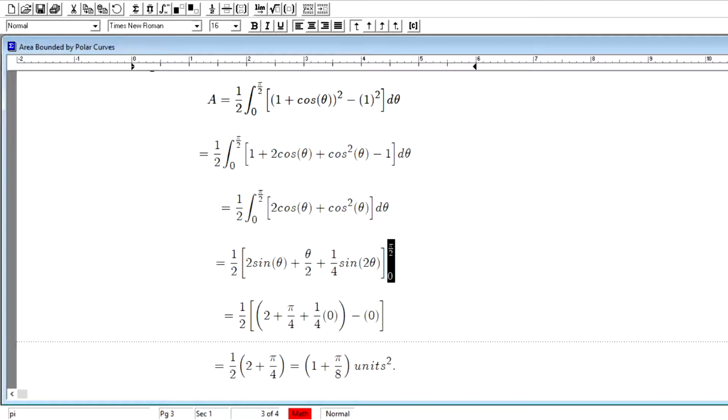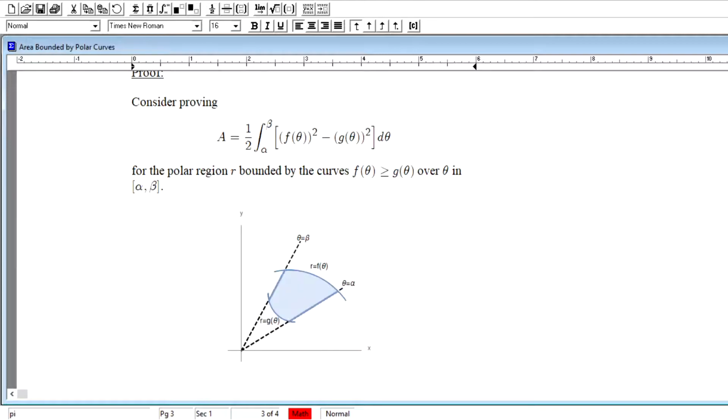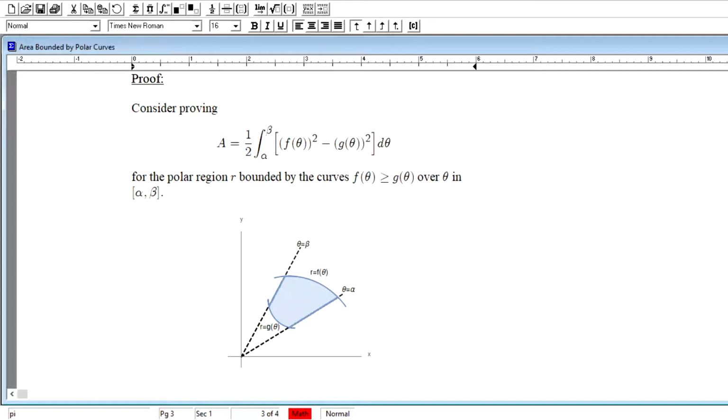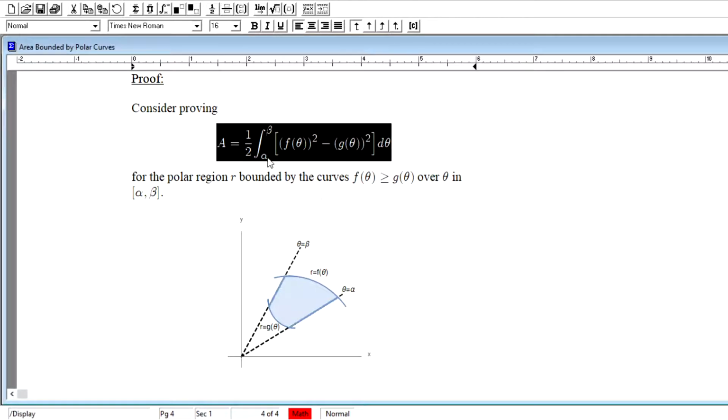Now, if we spend a moment on proof, here's what we might consider proving. We are considering proving this area calculation given by this integration, which describes the area for this region of space.